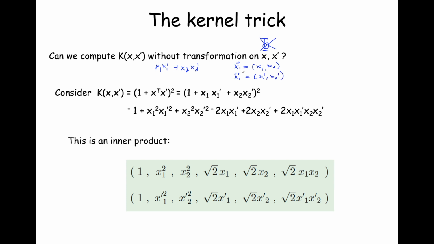Okay, so we take the inner product between these two, we get 1, that was our leading 1, plus x1 x1 prime, plus x2 x2 prime, certainly within that parenthesized expression, quantity squared.